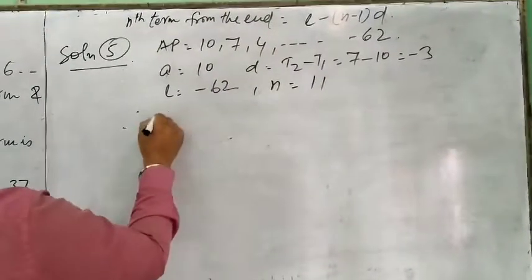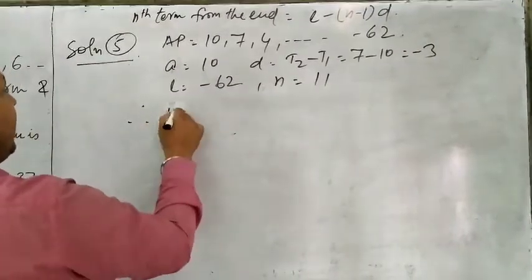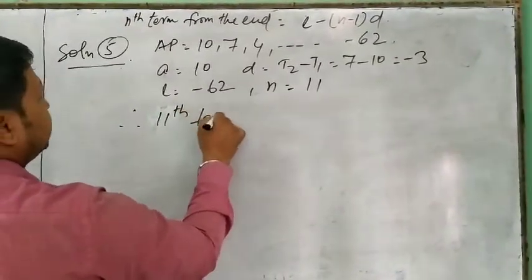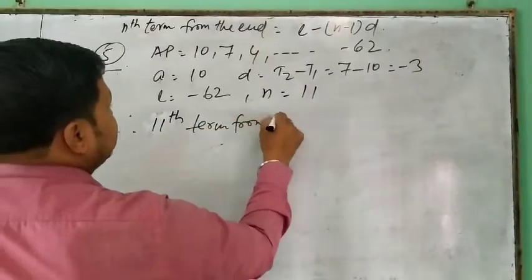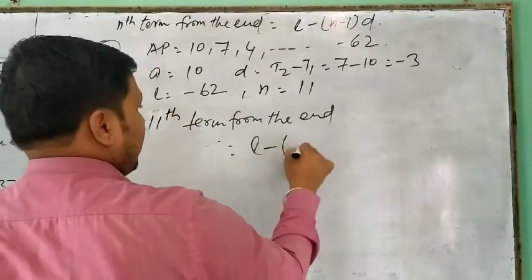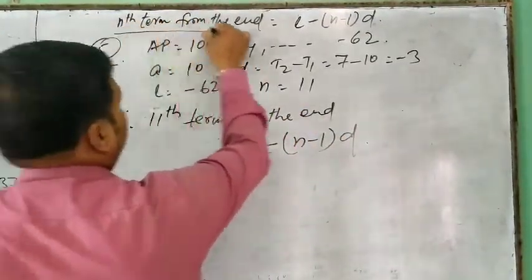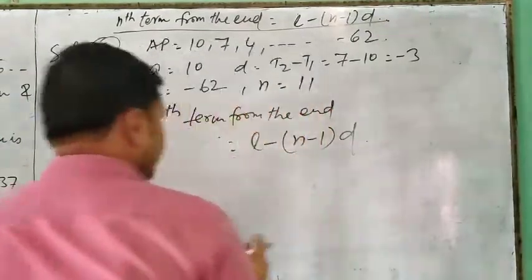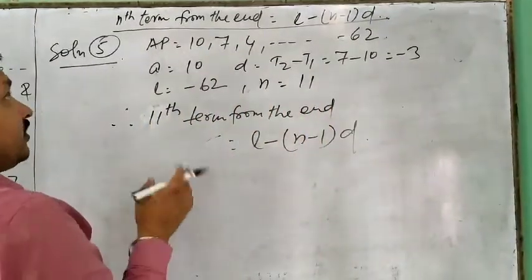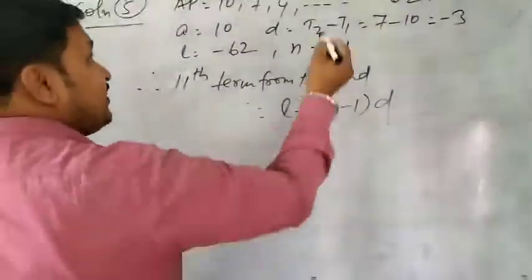The 11th term from the end equals L minus (n minus 1) into D. We have already proved this formula. So remember that when any question asks you the nth term from the end, you must use this formula.